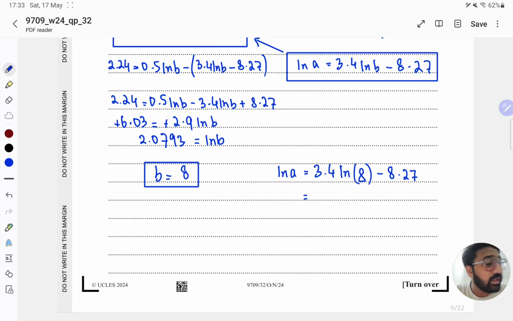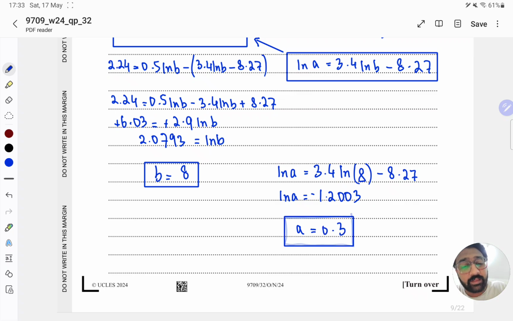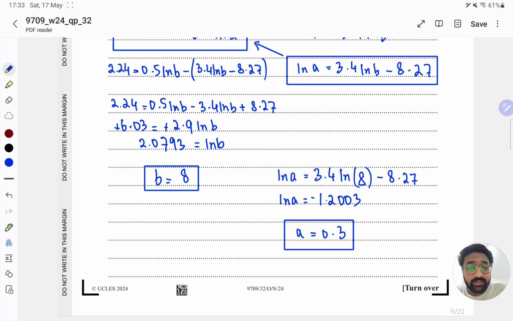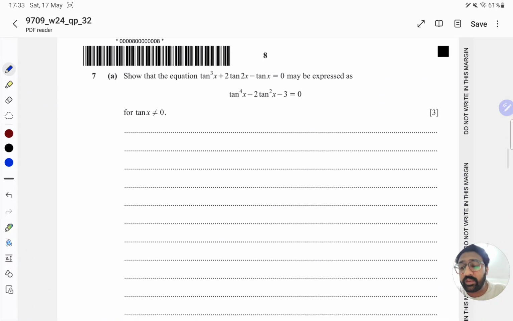So it is going to be minus 1.2003. It is ln a. Now after that, if we take the antilog, the value of a up to 1 significant figure is 0.3. I hope it is clear to you. Let's move on to the next question.